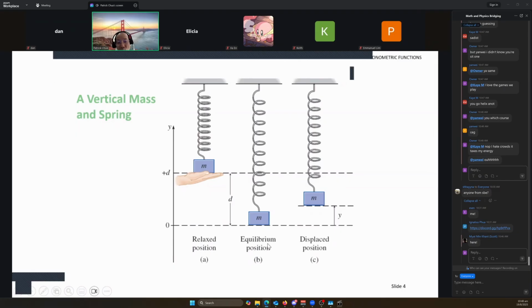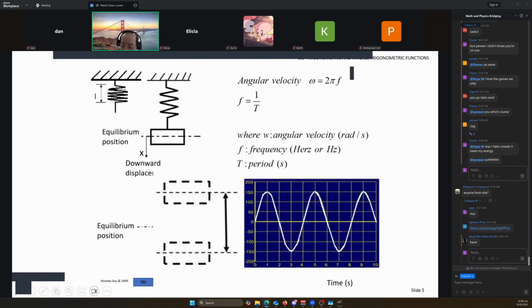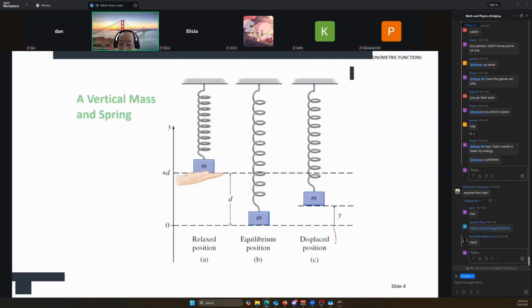This is the equilibrium position, as what I drew for you earlier. Now, if you were to pull this mass slightly below the equilibrium position, and then you let go, then the mass will start to oscillate, between this and this.